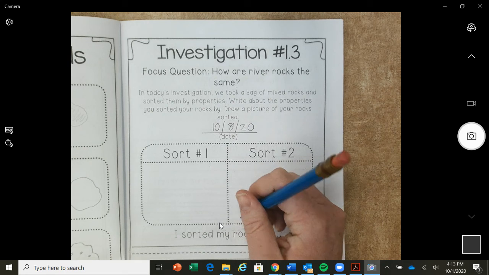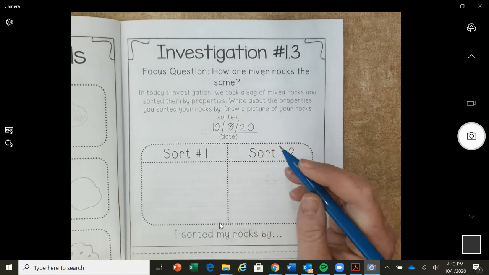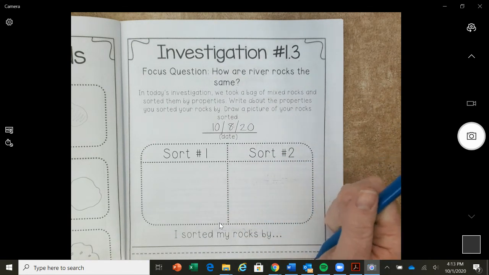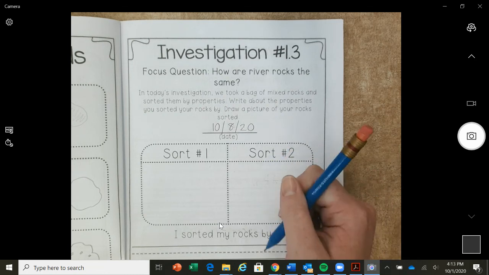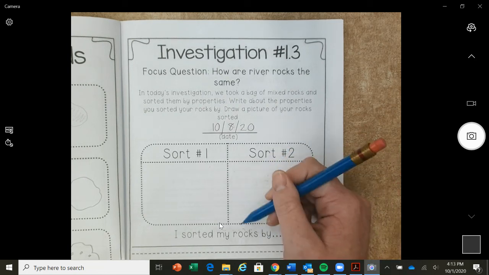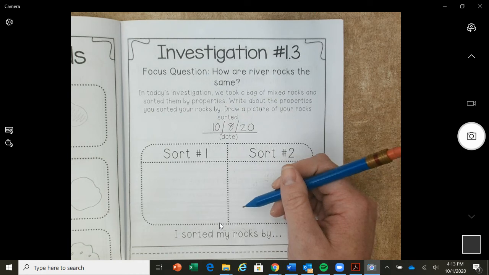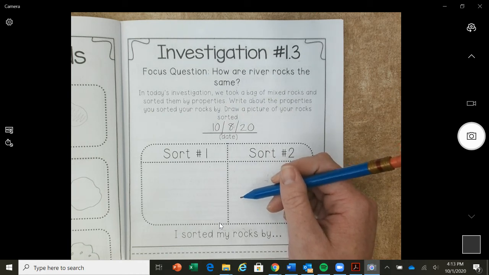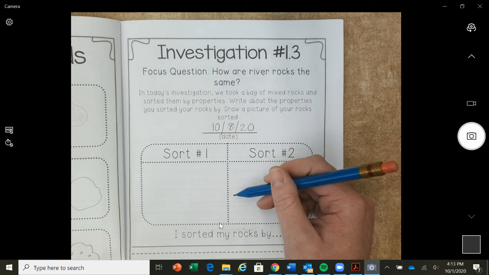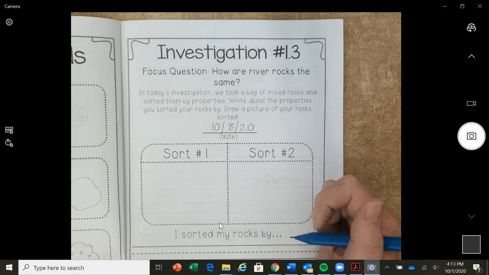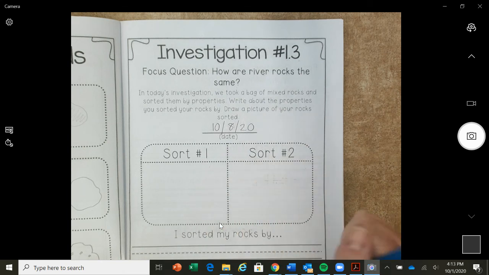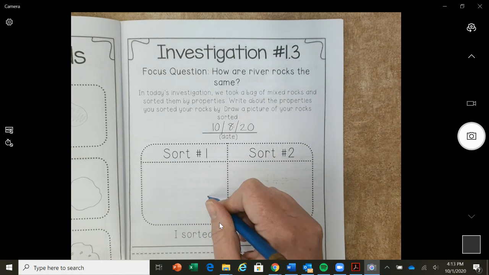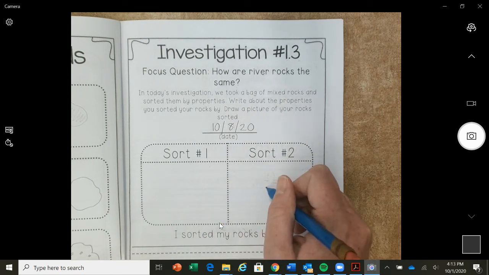You could sort by size, by color, by the way they feel. Some of them maybe have lines on them. Some of them maybe have spots. Maybe some are sparkly and some are not. So I want you to sort your rocks, and you're going to draw pictures of how you sorted your rocks.